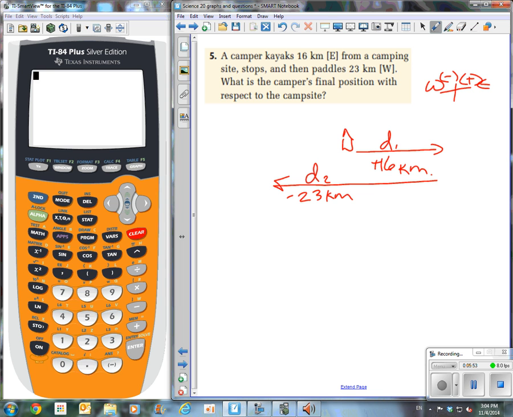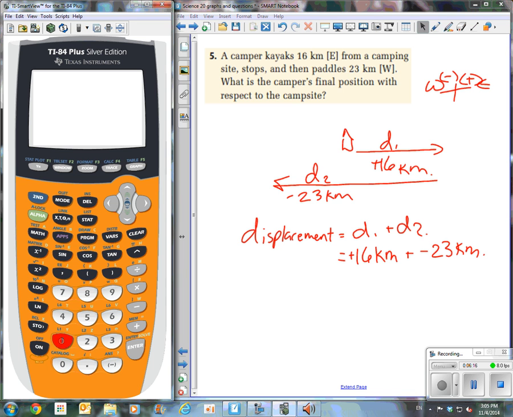So we are going to then do their total displacement, which is d1 plus d2. d1 is positive 16 kilometers plus this negative 23 kilometers. So we're going to do 16 plus negative 23.